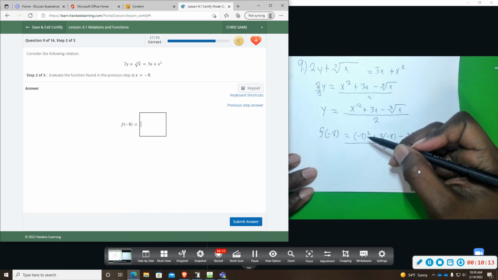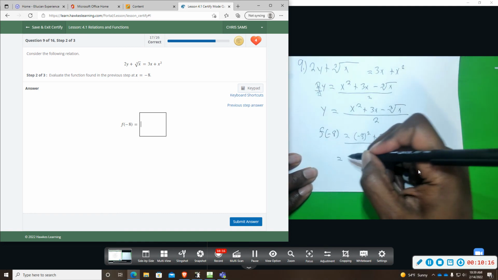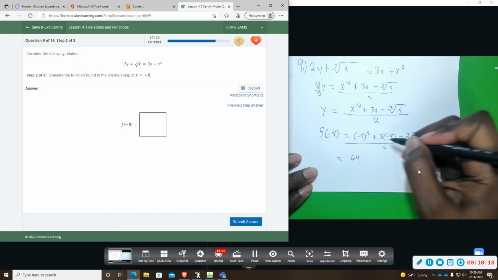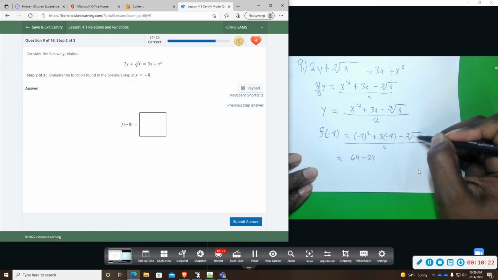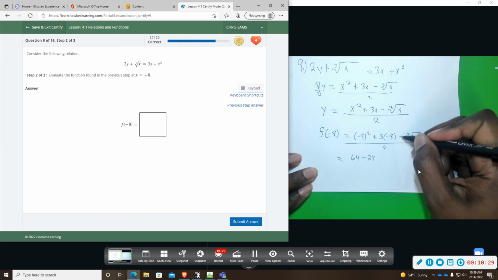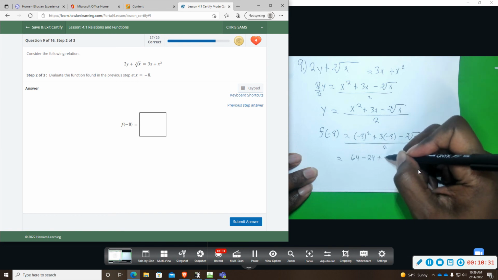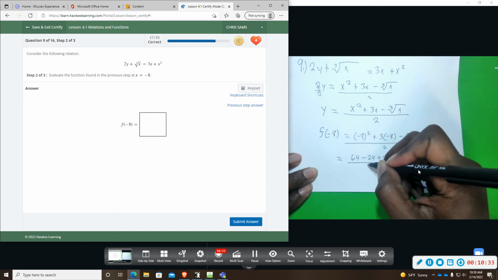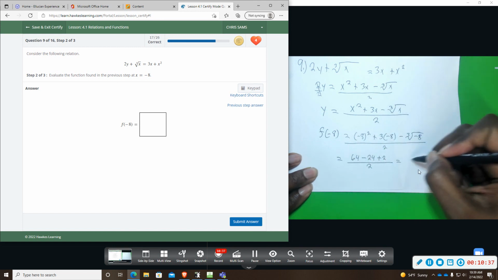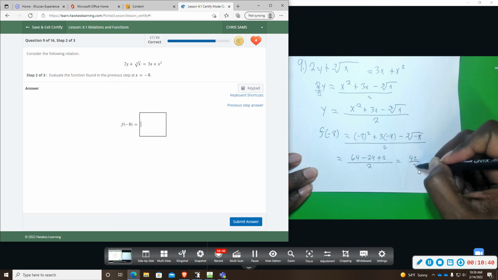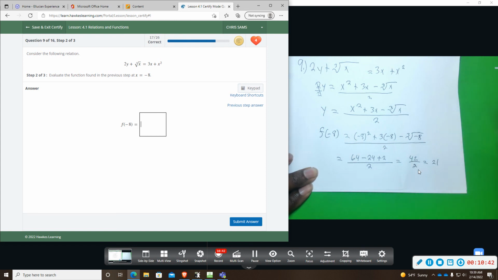So this will give us 64. That will subtract 24. And then this will give you a negative 2 when you do the cube root of 8. Negative 2 minus a negative 2 will become plus 2. This is all divided by 2. That will give you 42 over 2, which equals 21. So we just get 21 there.